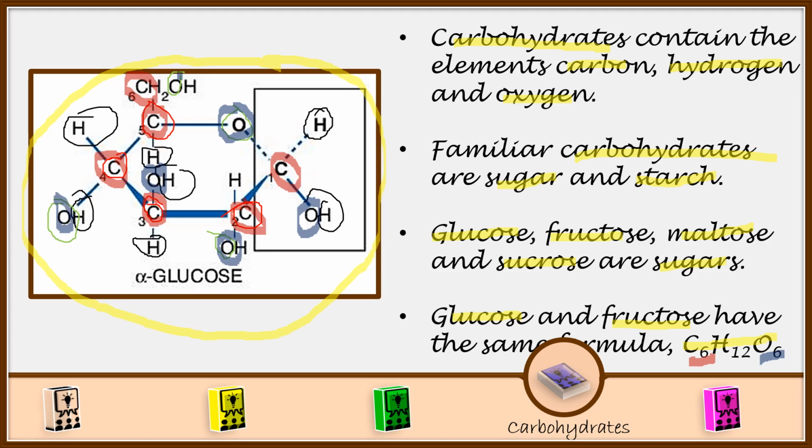And then another one here, 6. So you will find that glucose and fructose have the same formula, which is C6H12O6: 6 carbon, 12 hydrogen, and 6 oxygen elements.